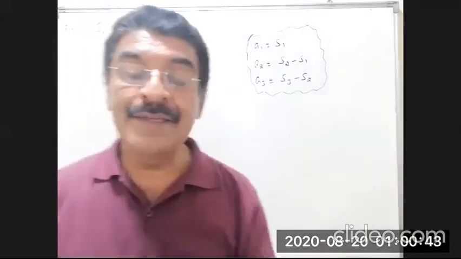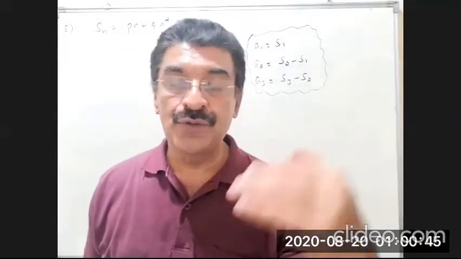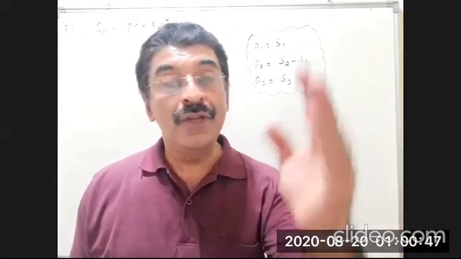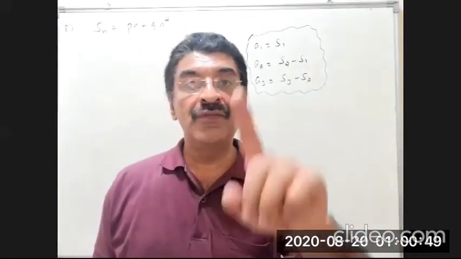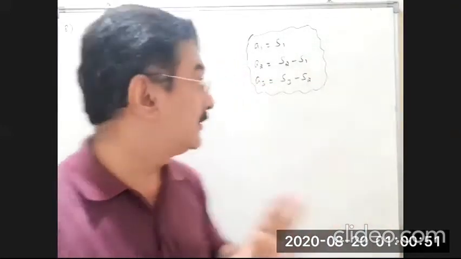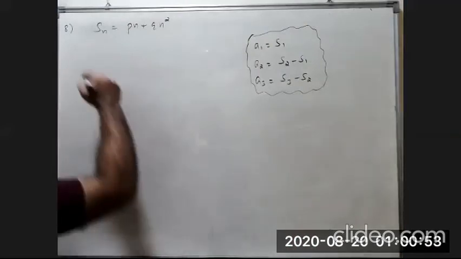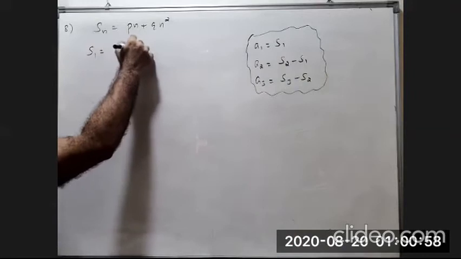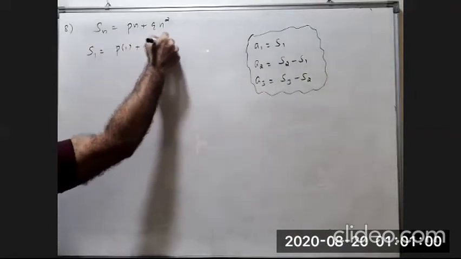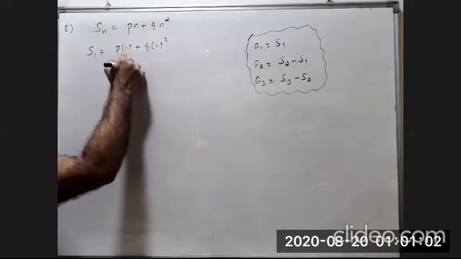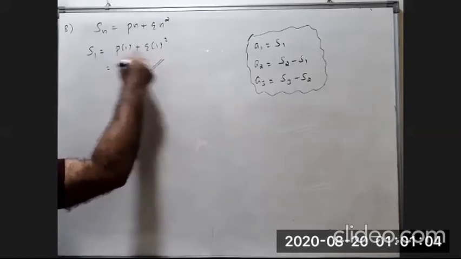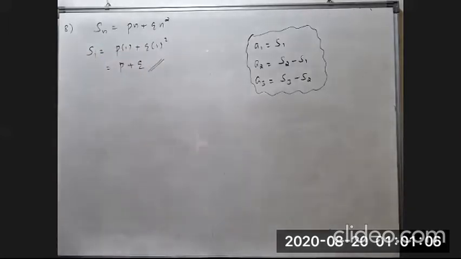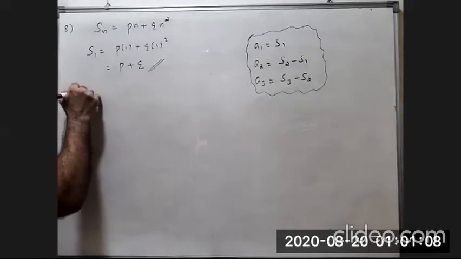So if Sn is known, we can find S1, S2, S3, etc. If S1, S2 are known, we can find a1 and a2. Exactly the same. So Sn is known. Find S1. S1 means P into 1 plus Q into 1 squared, which is P plus Q. S1 is P plus Q. Then you have to find S2.